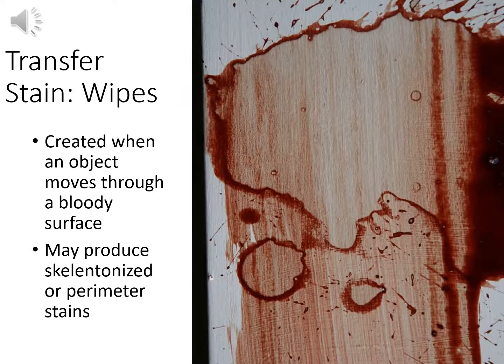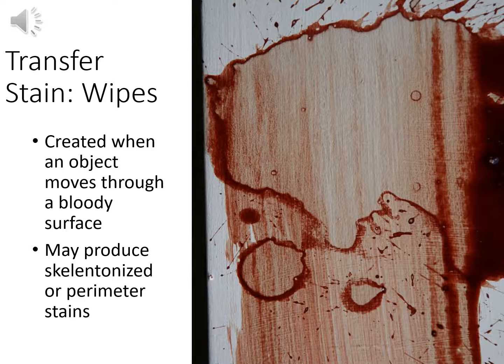So looking at an example of a transfer stain, we have wipes. A blood wipe is created when an object moves through a bloody surface. So if the suspect starts to clean up the blood and then panics or realizes there's not enough time and has to leave quickly and doesn't finish the job, the blood wipe will create that characteristic appearance.